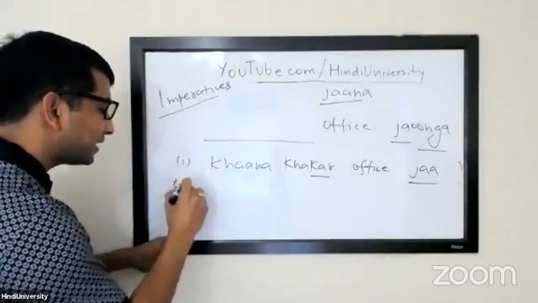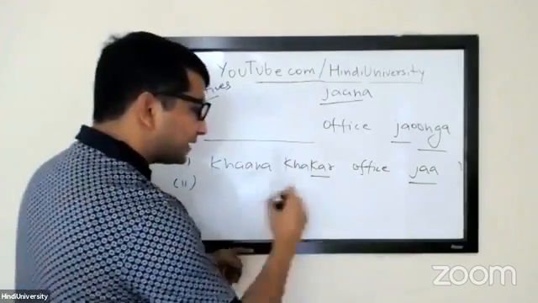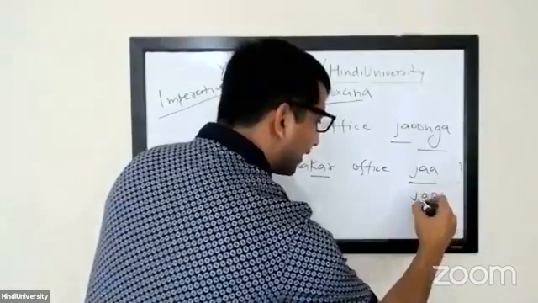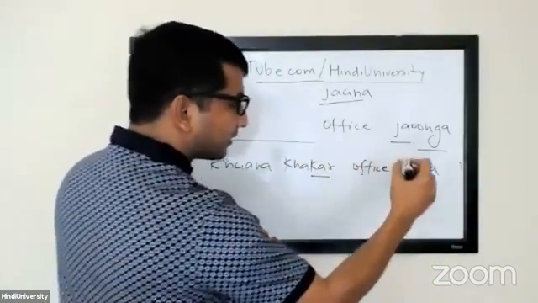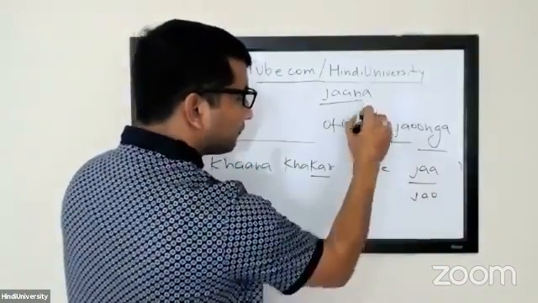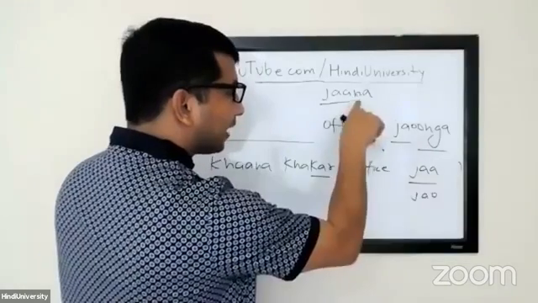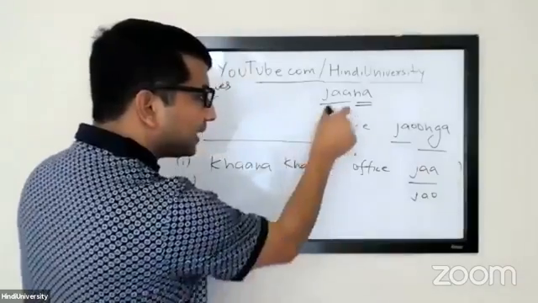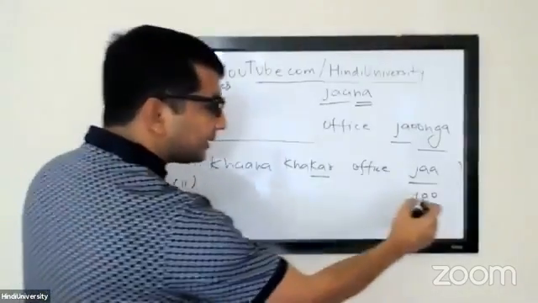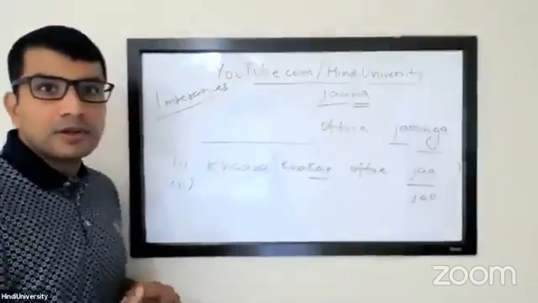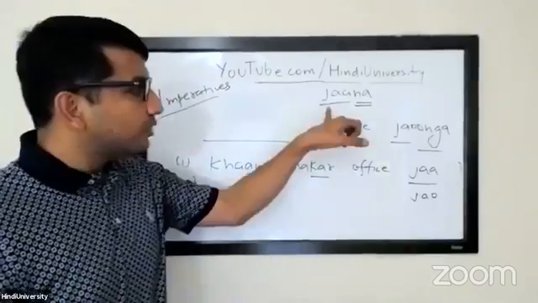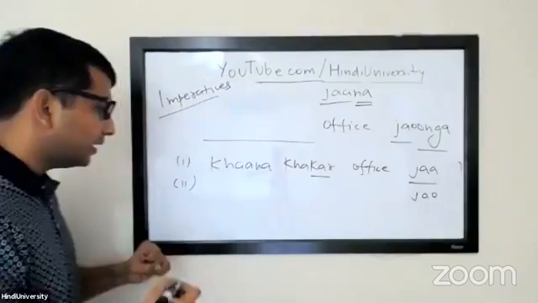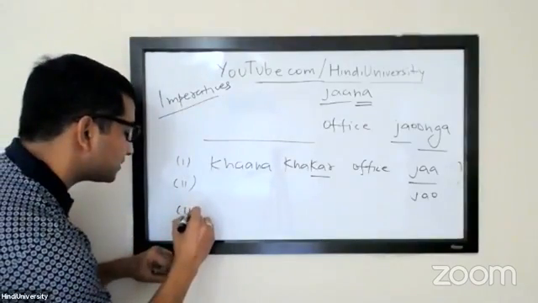Second one is the same thing, khana khakar office jao. I hope you guys remember that. In the first case, you're removing the na altogether and just saying the base stem ja. In the second case, you are a little bit more respectful, and you put o, khana khakar office jao. In the third case, you are saying khana khakar office jaiye.